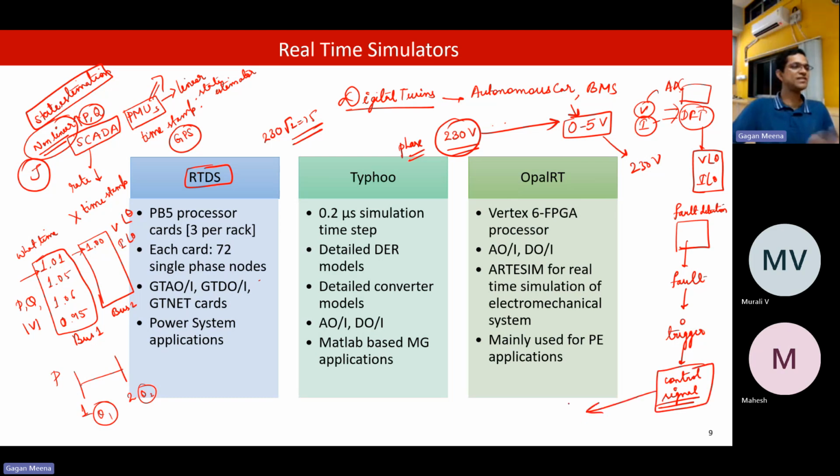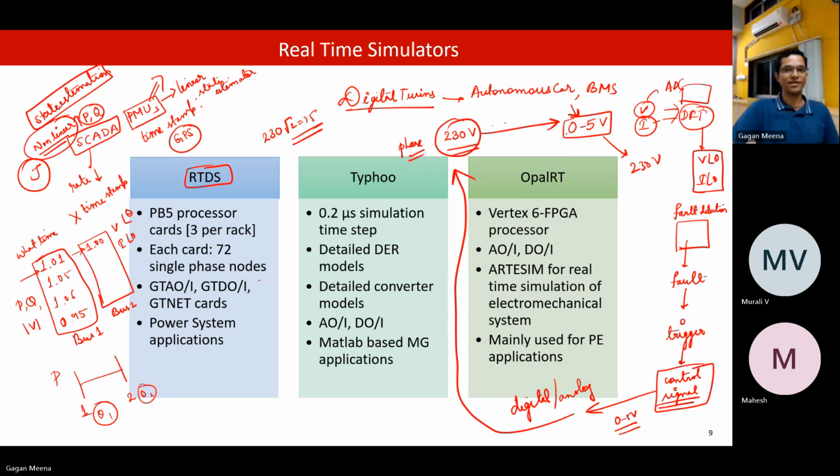This control signal is a digital signal, or it can be analog also. But this control signal is in 0 to 5 volts only, so you can directly give it to the RTDS. But in between, we need this power amplifier here to amplify the signals.